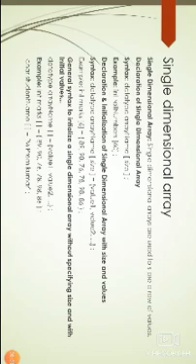Here is the general syntax to initialize a single dimensional array without specifying the size and with initial values. Data type, array name, open square bracket and close square bracket. Here I am not indicating the size of the array, they are just empty.